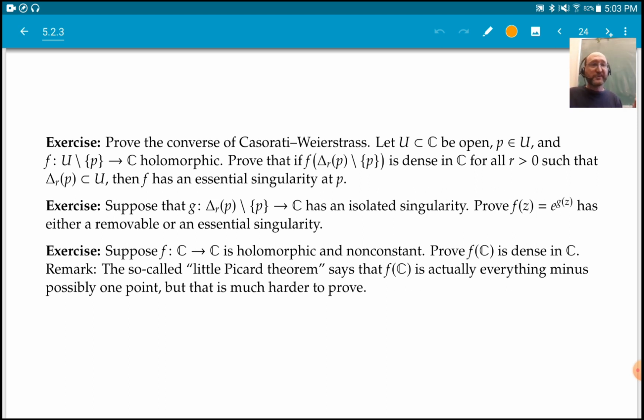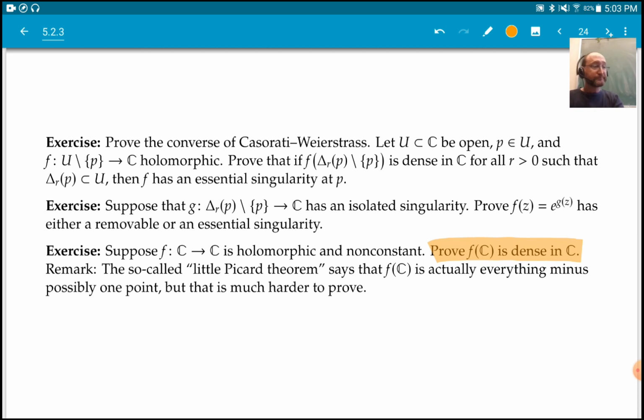Like the function z, the identity, well, the image is everything. e to the z, okay, you're missing 0, right? Those are the only possibilities. You can miss 1 point, but you prove this simpler version. Just prove that it's dense.